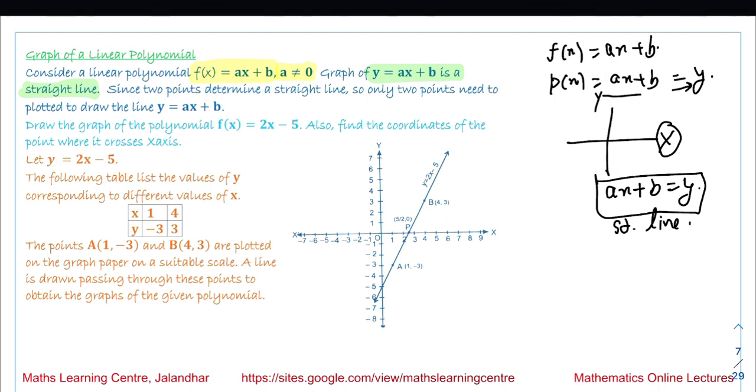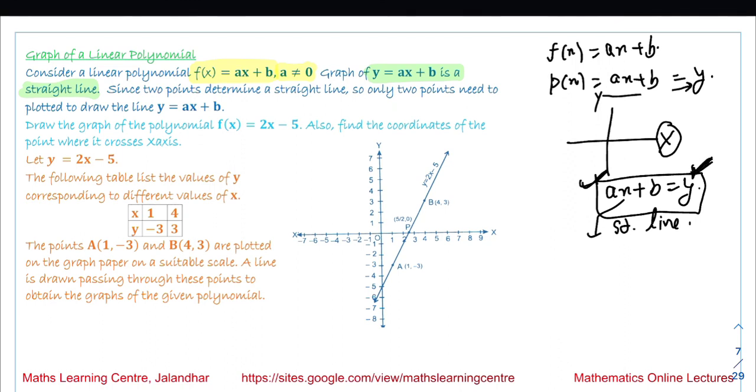Why? Because from this equation, if we substitute values of x, we will get different values of y, and we know that 2 points we can calculate from this equation.